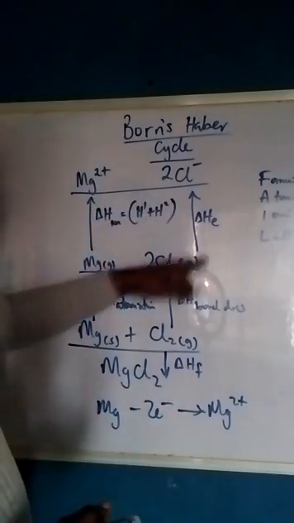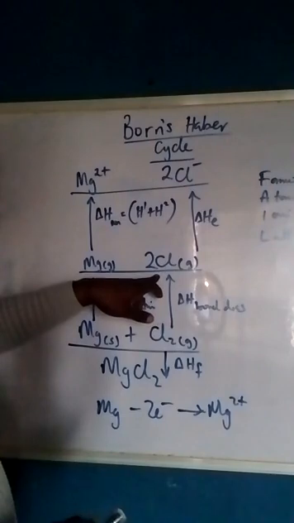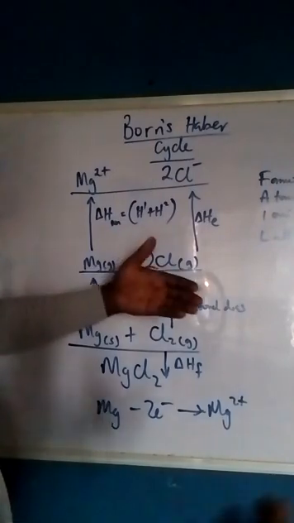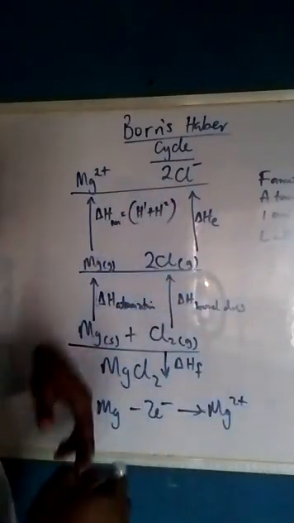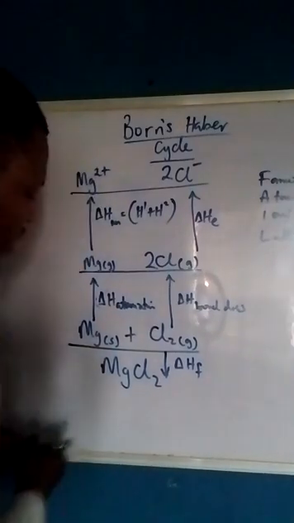So here the non-metal, the chlorine gas atom, is going to release energy because it's attracting an electron.